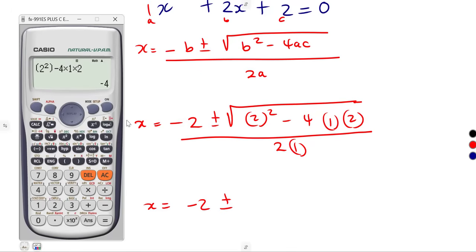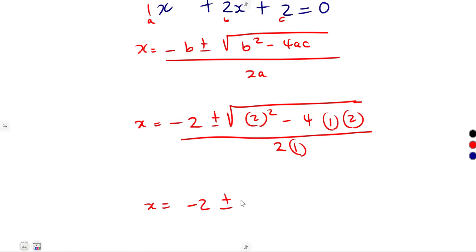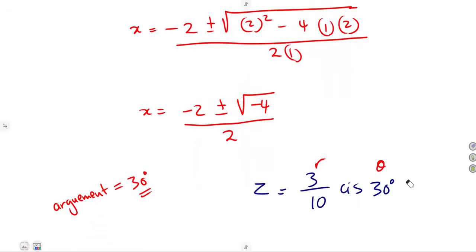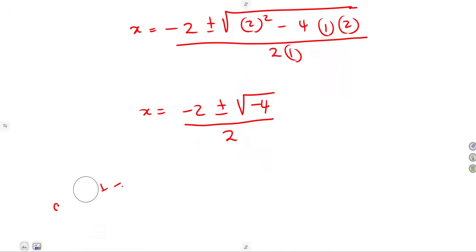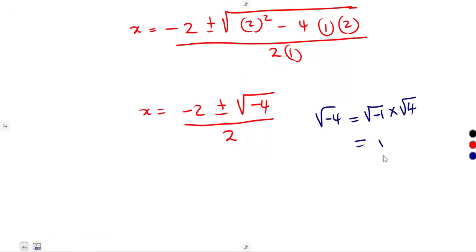As we can see, we are obtaining a negative, which tells us that we cannot determine the square root of this. So thus the idea of our complex numbers, the J notation, to be used. The square root of minus 4 is the same as the square root of minus 1 times the square root of 4, where the square root of minus 1 represents a j, and the square root of 4 is 2.